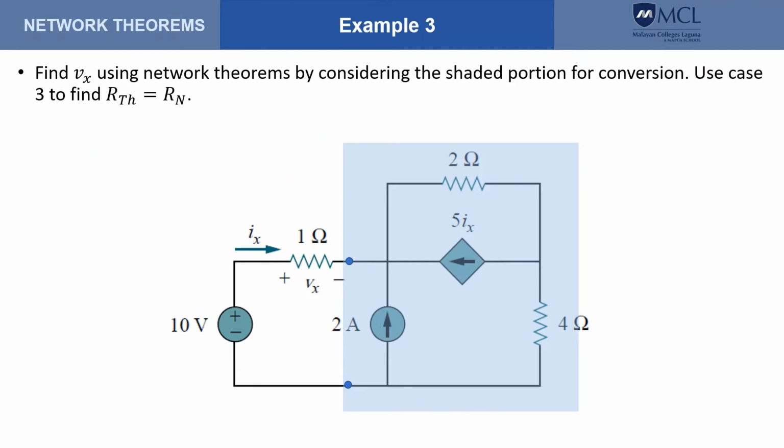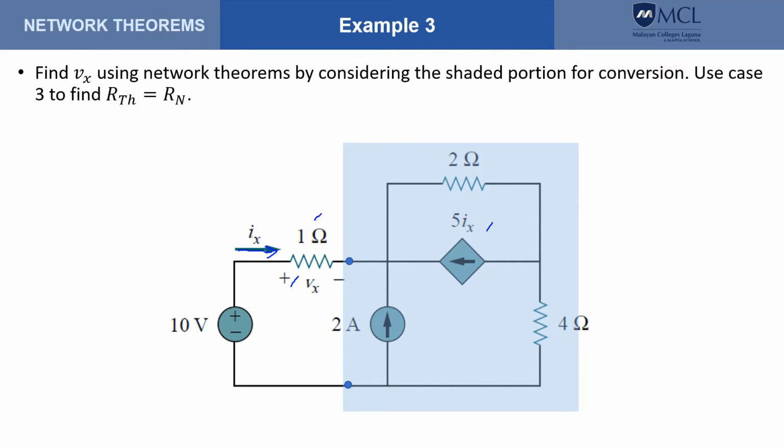Let us have an example to illustrate case 3. Here in this problem, we are required to solve for the voltage V sub x, which is the voltage across the 1 ohm resistance. Take note that we have here a dependent current source, which is dependent on the current I sub x that is flowing through the 1 ohm resistance.